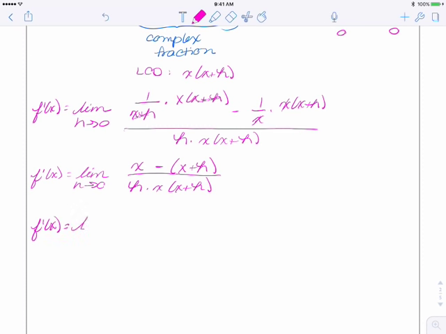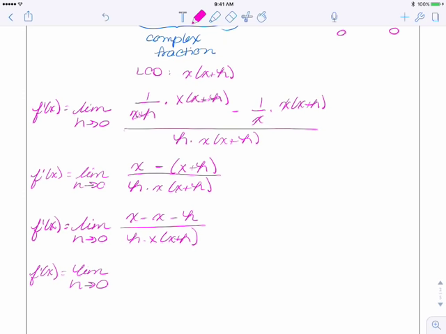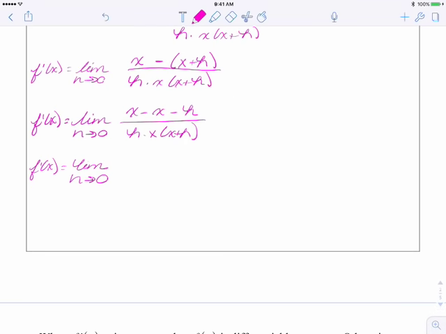So in the numerator, if we distribute that negative, we get x minus x minus h all over h times x plus h. The x's will cancel, combined to a 0. So we have the limit as h approaches 0 of negative h over the quantity h times x plus h.